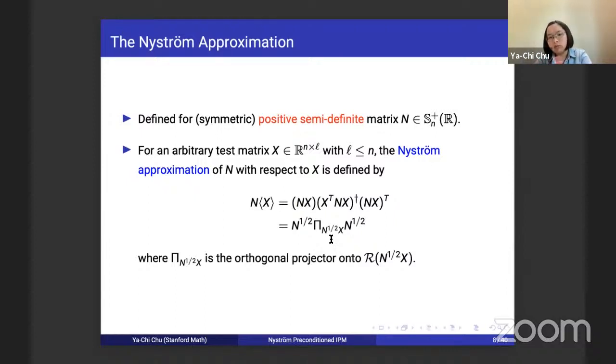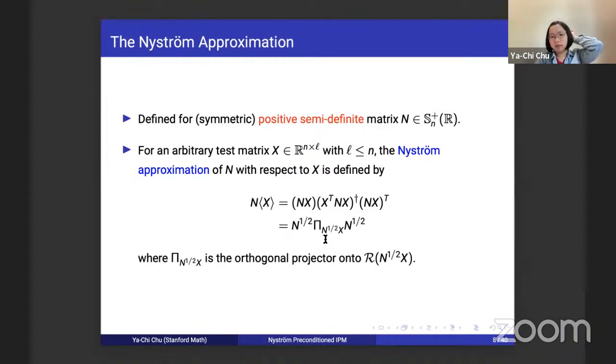But the range of N to the half is the same as applying N to X. So you can understand it as a projection onto the range of N on the subspace of X, and then you conjugate it by N to the half. So you do some projection here, and this is known as the Nystrom approximation.